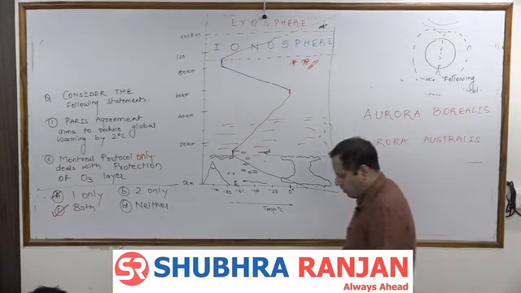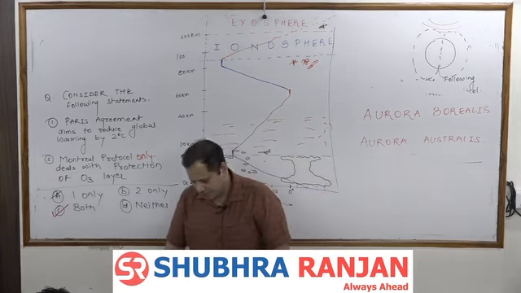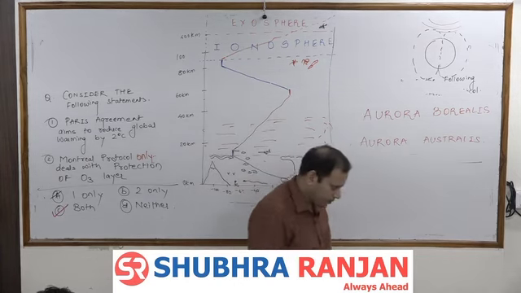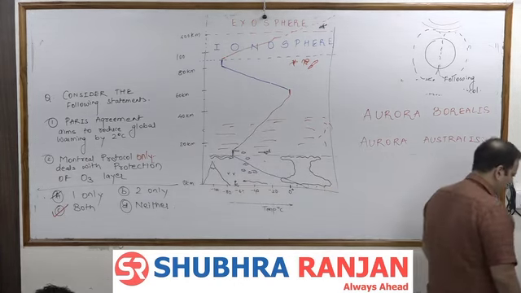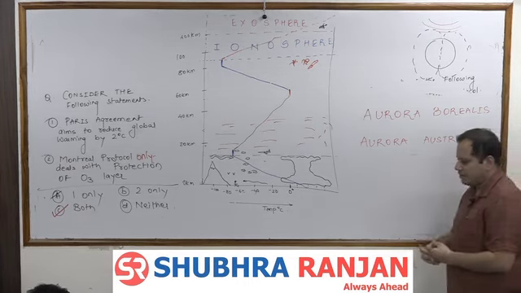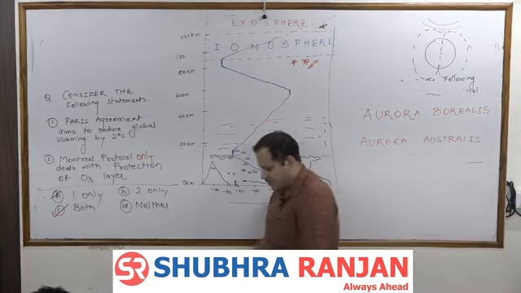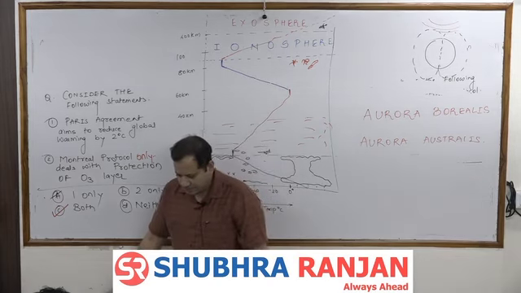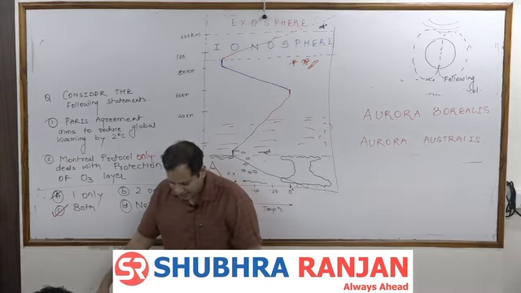Exosphere. This is the outermost layer of the atmosphere. Here the temperature is very high.